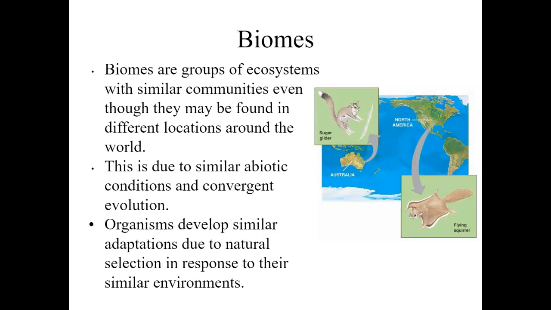So even though the sugar glider and the flying squirrel are very different types of organisms, they did develop that similar webbing between their limbs as a result of convergent evolution due to similar environments. Remember, the sugar glider in Australia is a marsupial, and the flying squirrel in North America is not. So they're actually genetically very diverse.